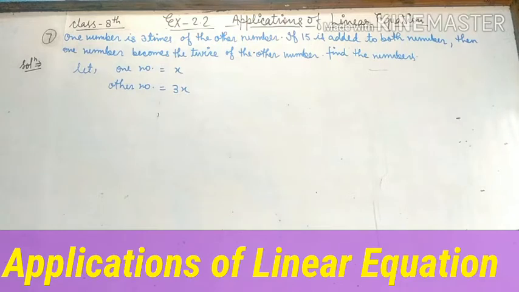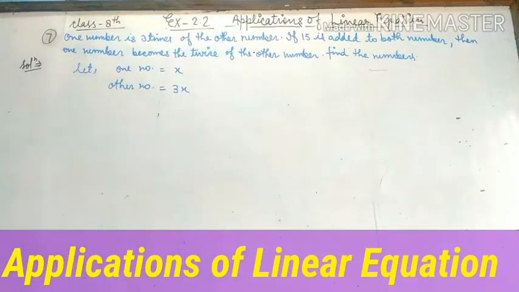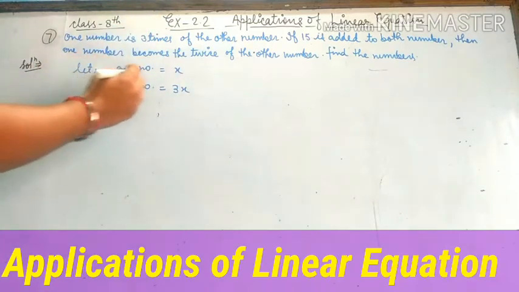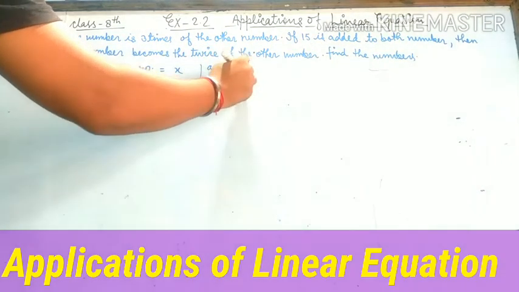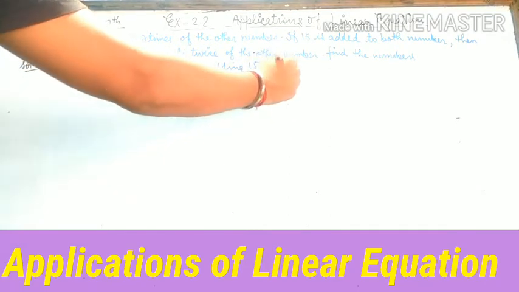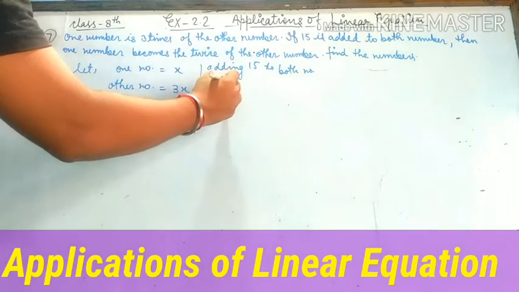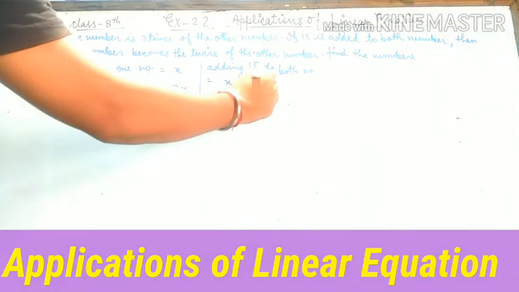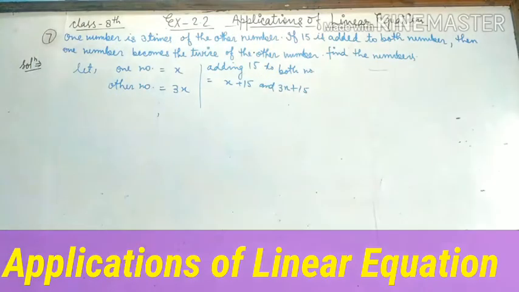According to the question, if 15 is added to both numbers, we will add 15 to both numbers. So here you can write: adding 15 to both numbers, the numbers are x plus 15 and 3x plus 15.